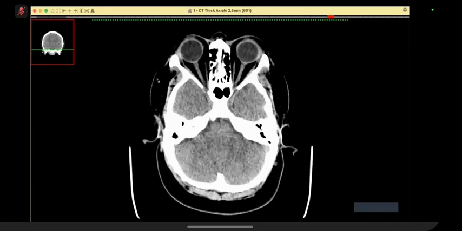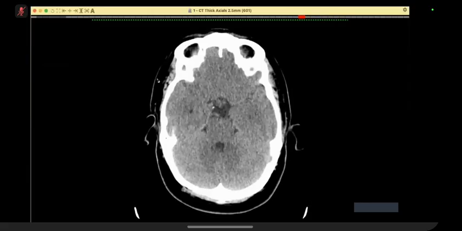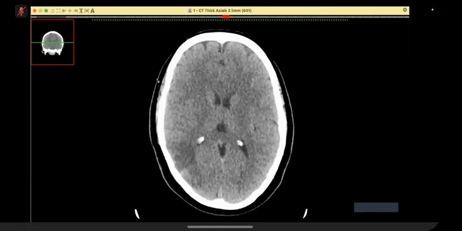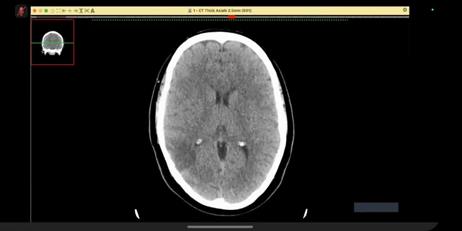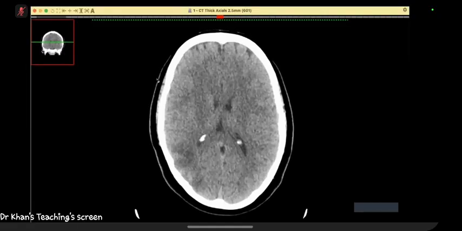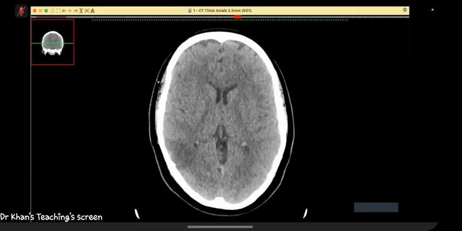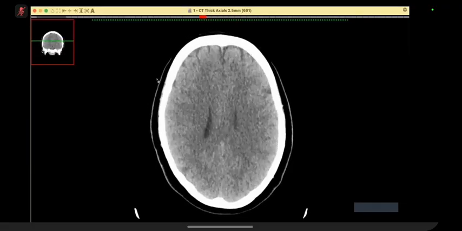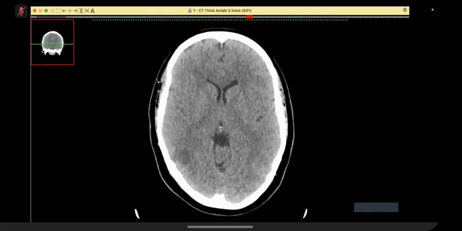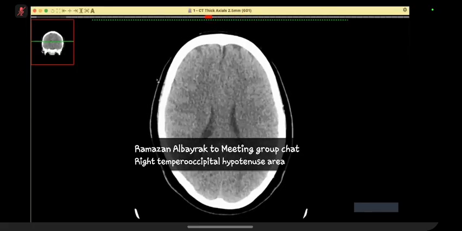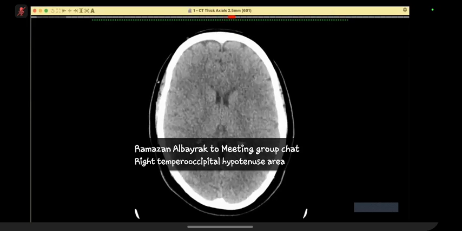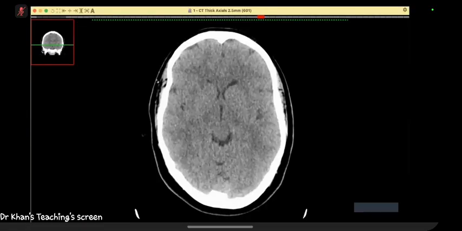I've been provided with non-contrast CT axial sections of the brain of this female patient who has presented with some stroke-like symptoms, and I can see that there is a hypodense area in the right temporal lobe. There's no evidence of any hyperdense focus to suggest bleed in that region.